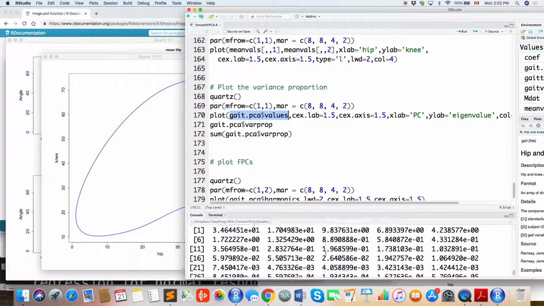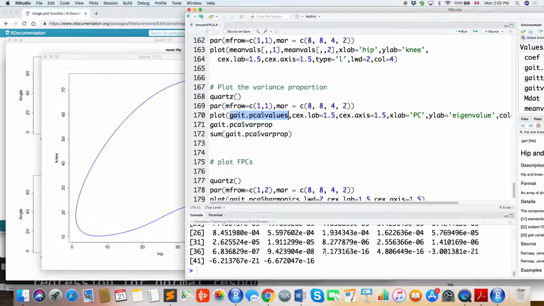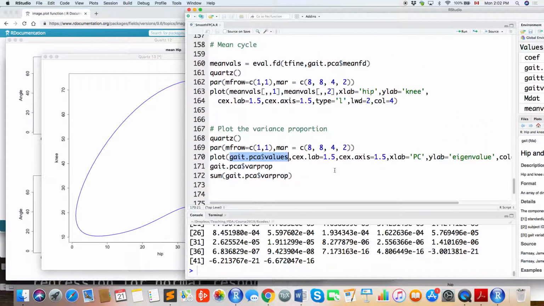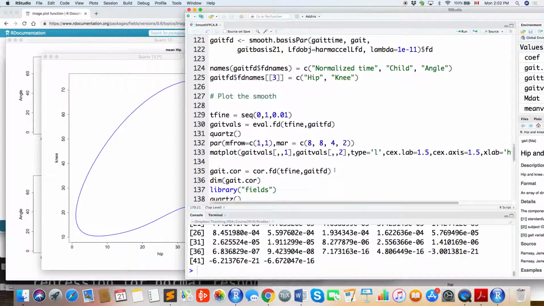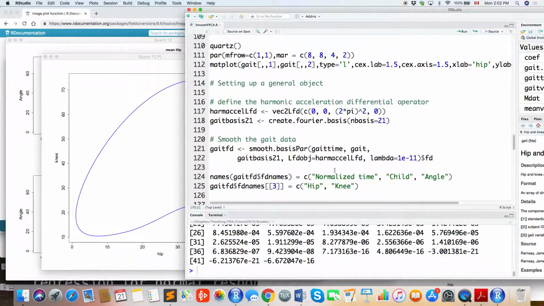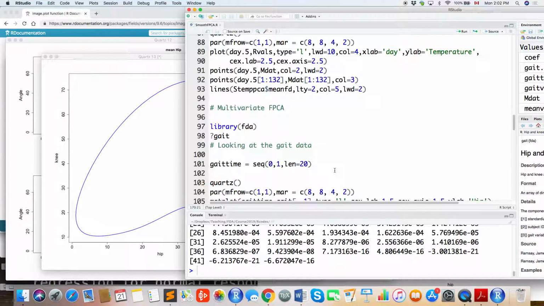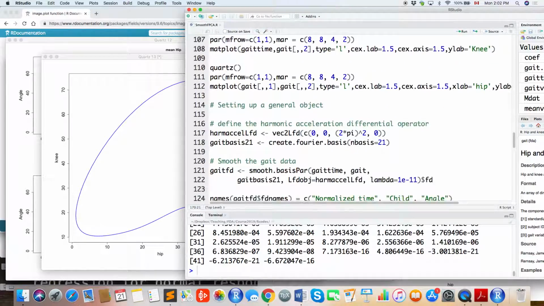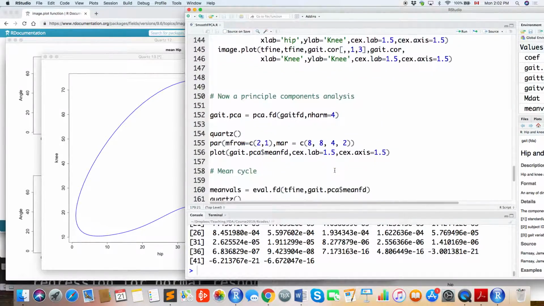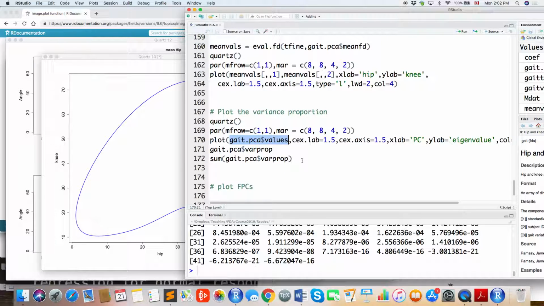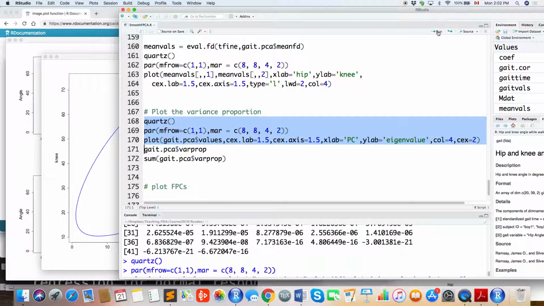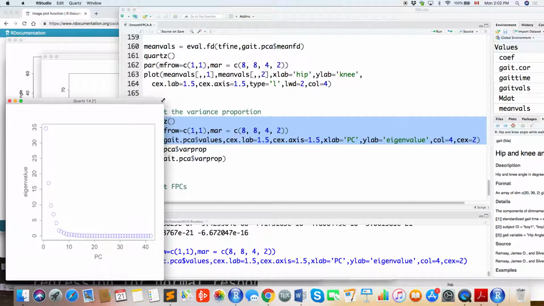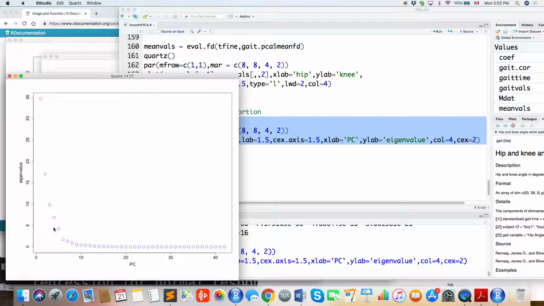So we can plot the eigenvalues, and you can see the eigenvalues decrease very quickly.